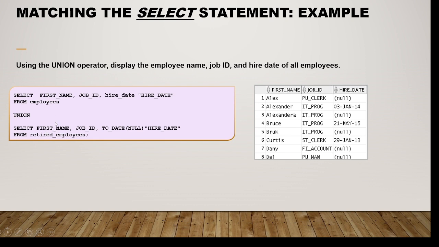So here, if we go by this query, this matches the first name and the job ID columns in the employees table and the retired employees table. So in both the tables the first name and the job ID are the same.